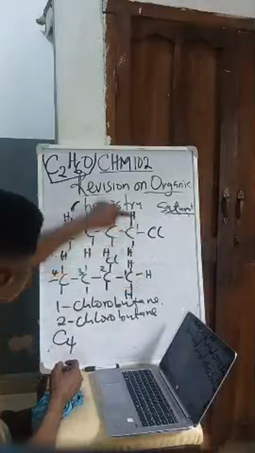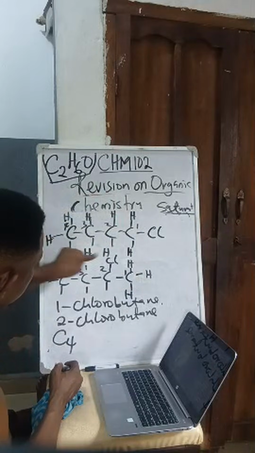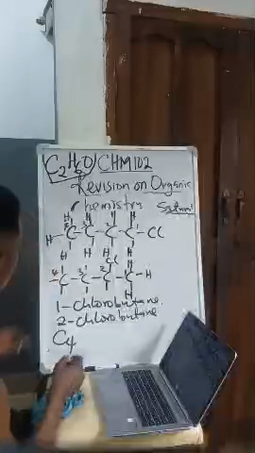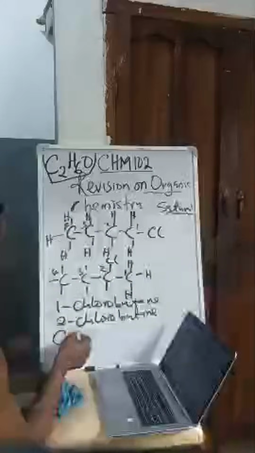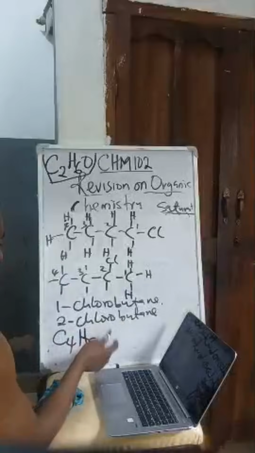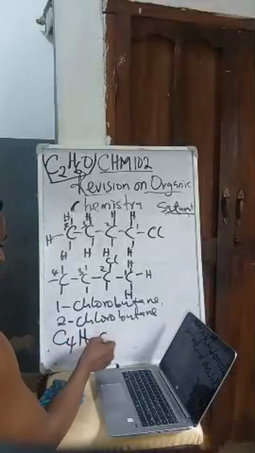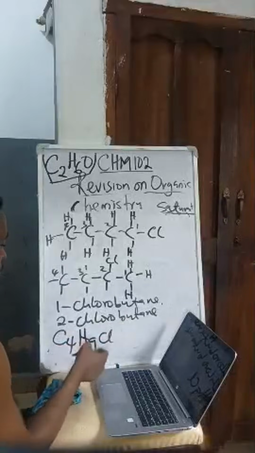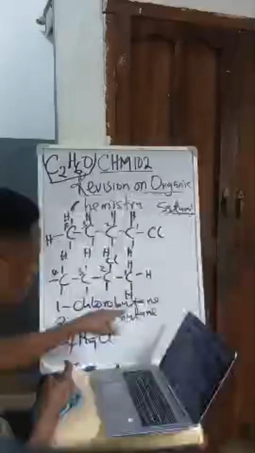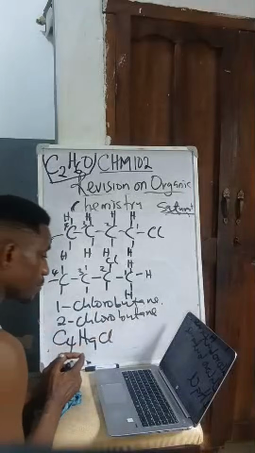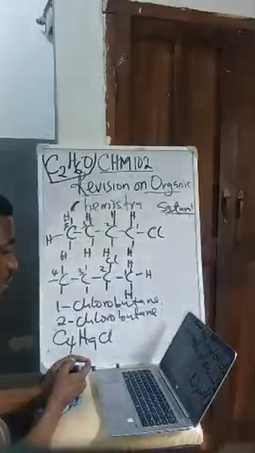How many H do we have here? 1, 2, 3, 4, 5, 6, 7, 8, 9 H. So H9, and Cl. So now C4H9Cl is the same molecular formula for 1-chlorobutane and 2-chlorobutane.